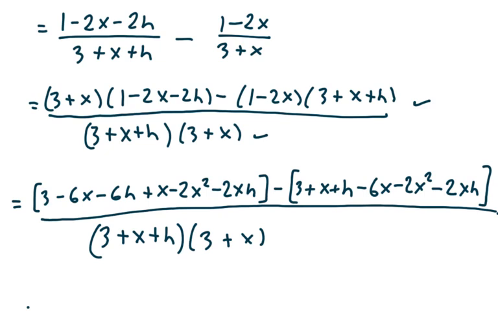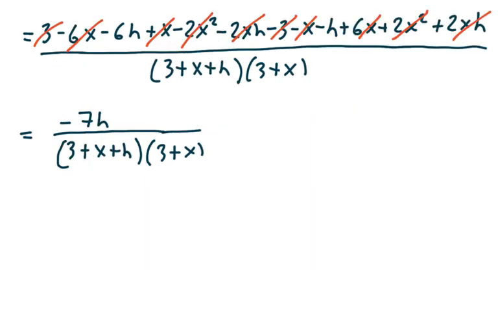And notice I multiply everything out, nothing fancy. So this is equal to 3 minus 6x minus 6h plus x minus 2x squared minus 2xh minus the quantity 3 plus x plus h minus 6x minus 2x squared minus 2xh, all divided by 3 plus x plus h times 3 plus x. So I'm doing a lot of legwork in the beginning here.